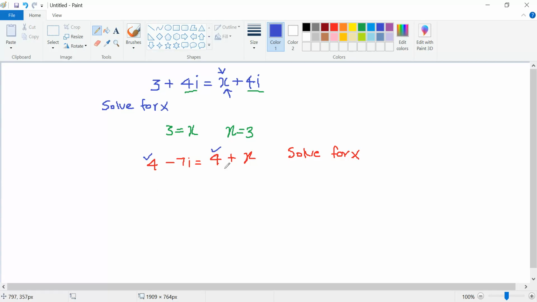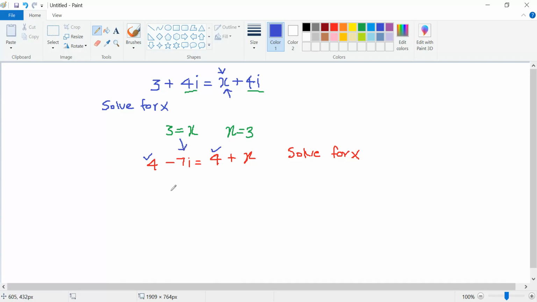Both complex numbers have the real part as 4. What is left to check is whether the imaginary parts are equal.